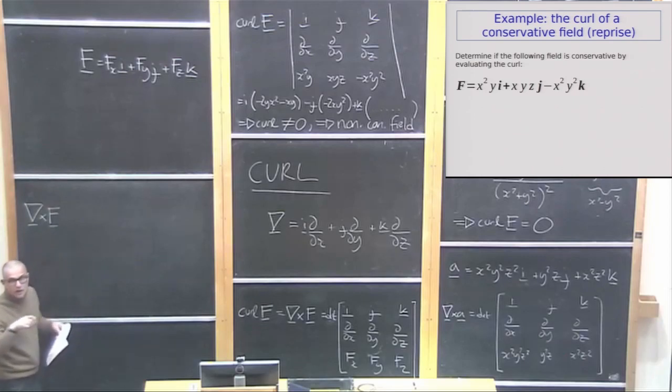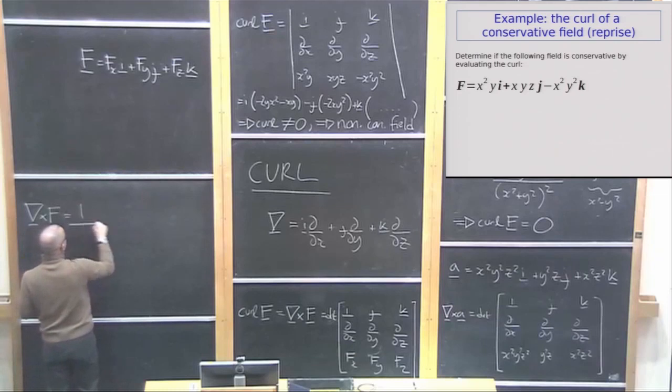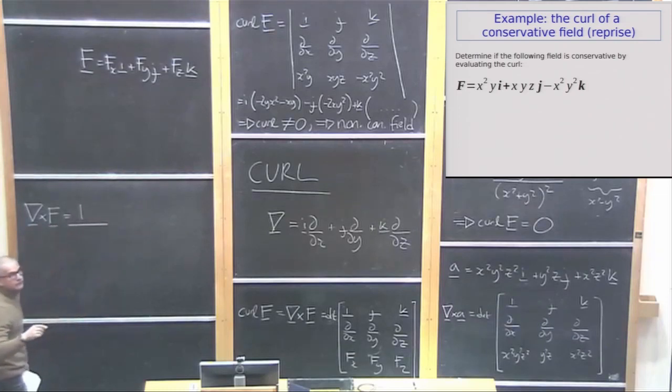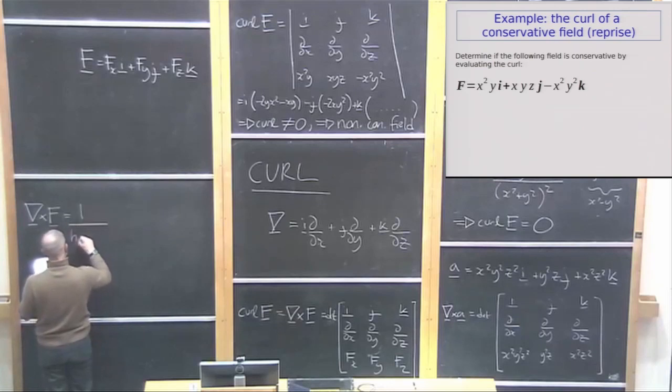So this is not part of the syllabus. You would not be expected to memorize this, but I like it because it shows, we've already seen this for gradient and divergence, and it shows that if you use these scale factors, then you can always work out what these operators are in those coordinate systems.